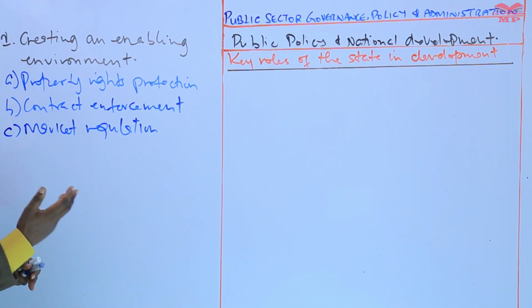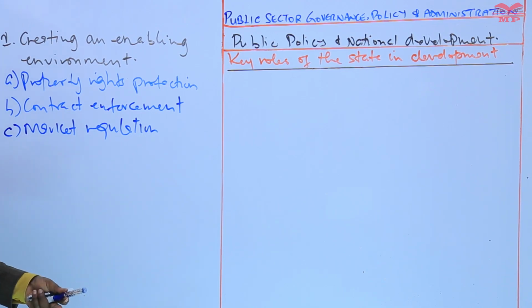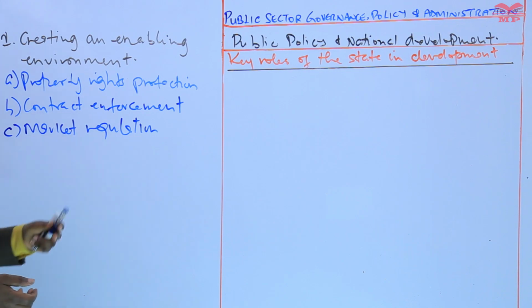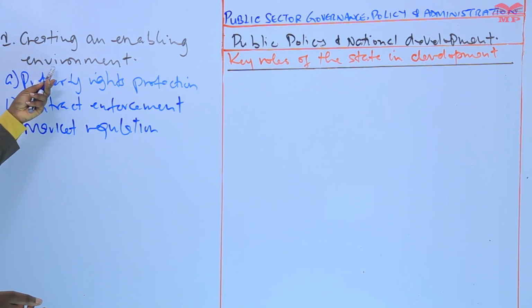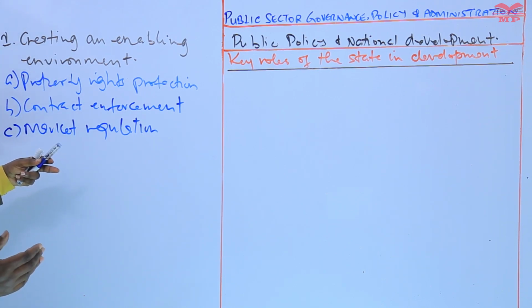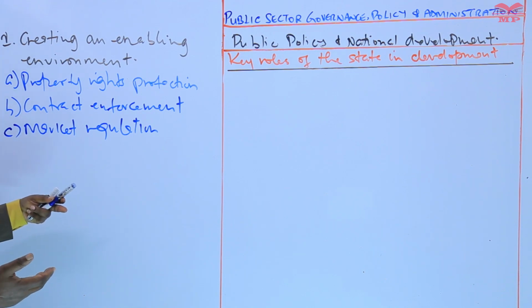That's why the government has enacted laws to protect consumers, to ensure fair competition, and to prevent monopolies. These are just three of the ways, and there are more, in which the government can create an enabling environment for the purposes of development.